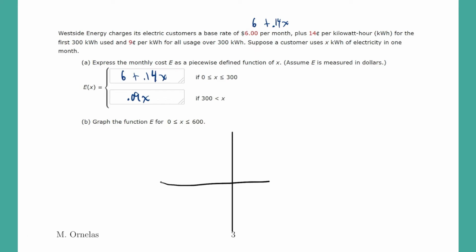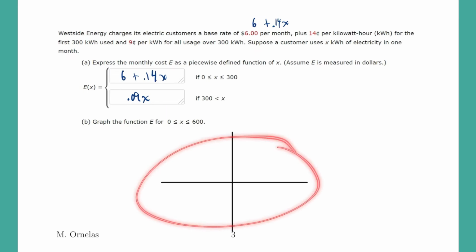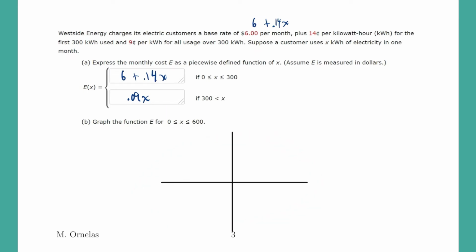Coordinate plane once again. All right, so let's see. We'll go by 100s because this is going to be a little challenging to graph, but WebAssign will provide you with the graph. So the way it's going to be set up will be much easier than trying to do it the way I'm going to be doing it here. All right, so let's focus between 0 and 300 first.